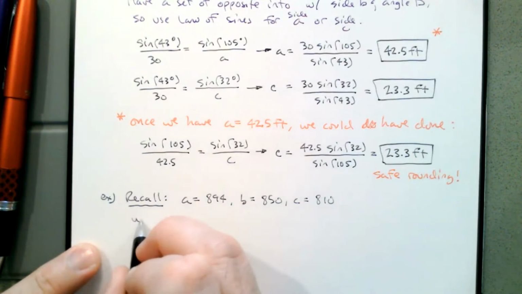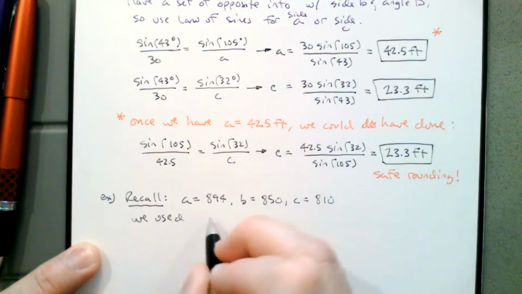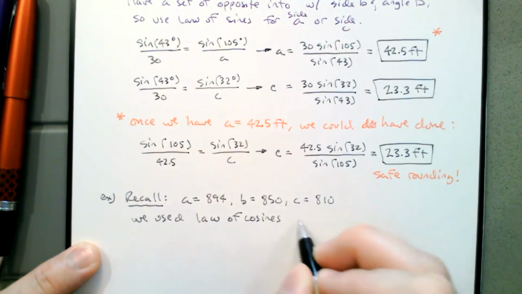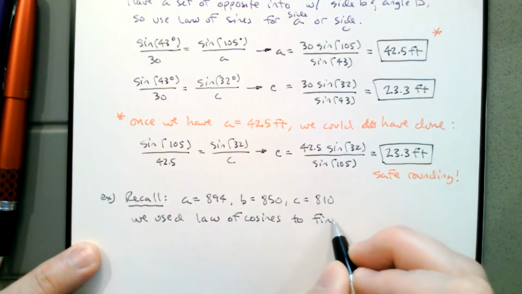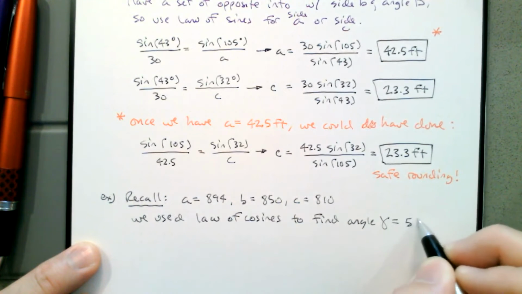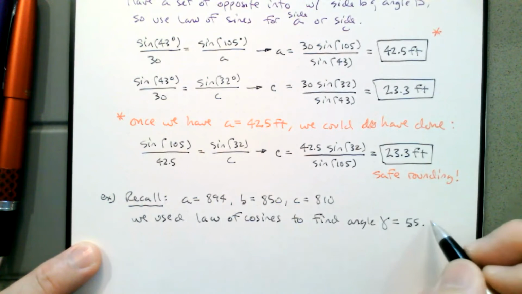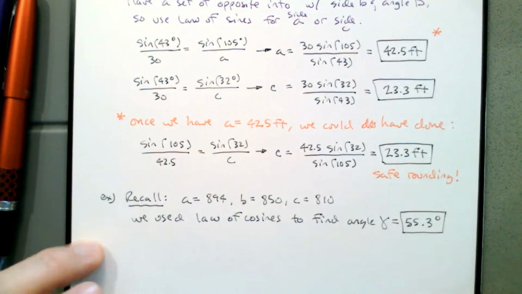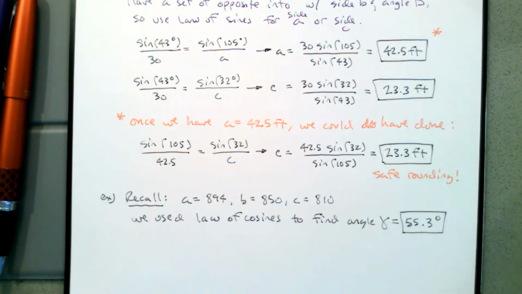So we used the law of cosines to find angle gamma is equal to 55.3 degrees. At this point, we have a set of opposite information, the 810 and the 55.3. So at this point, we can use the law of sines.